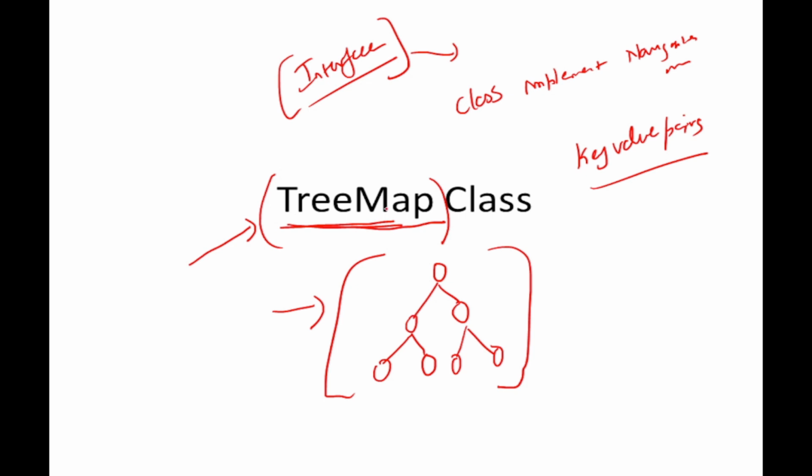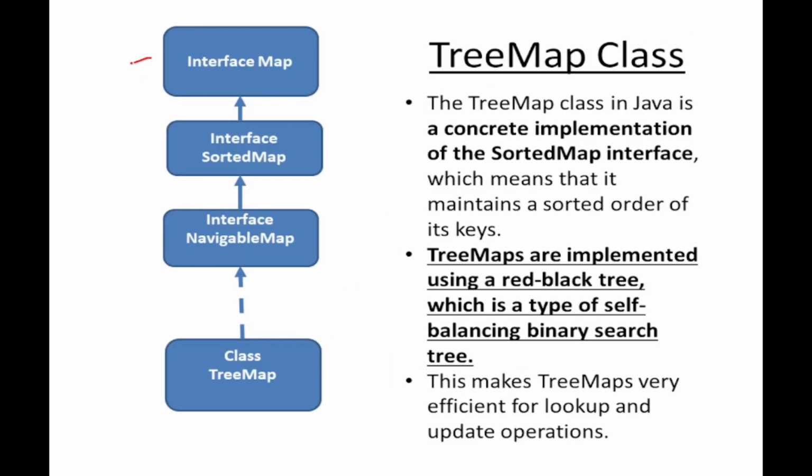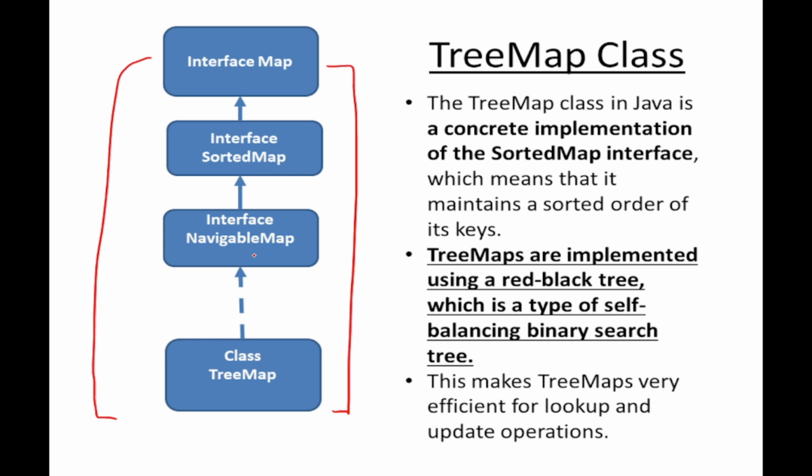Now let's go for the actual definition for the TreeMap class. Map is being extended by SortedMap, NavigableMap is extended by SortedMap, and TreeMap, what is the relationship here?